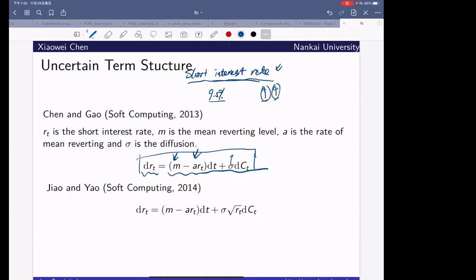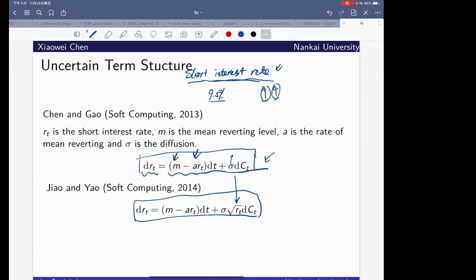Jiao and Yao also created another SHIBOR interest model to describe the SHIBOR interest rate. The difference between our two models is this part. You can find his model is more complex than our model, but our model has an analytic solution.